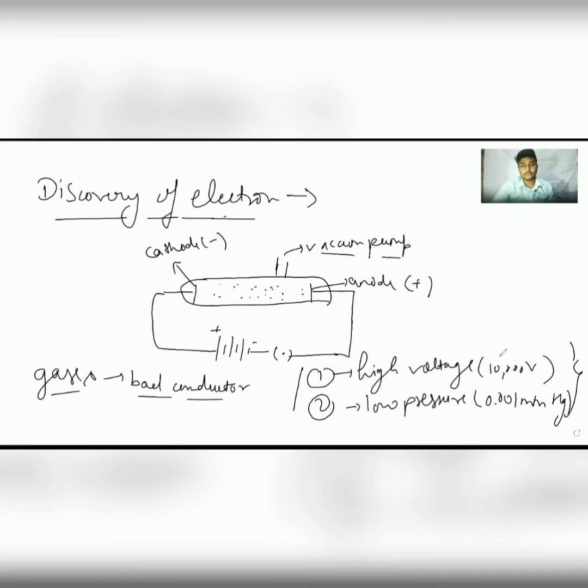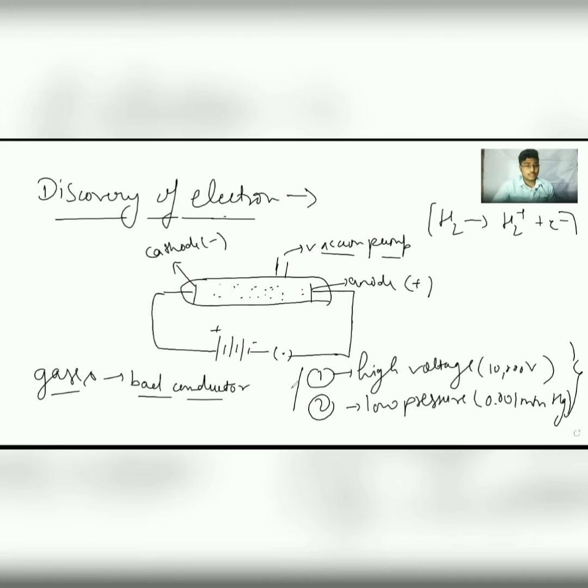But at this particular condition, gases ionize, means gases produce ions. Suppose if hydrogen gas is filled inside the discharge tube, then when it is ionized, it produces an electron and it gets converted into a positive charge. So this is the type of reaction which actually happened.